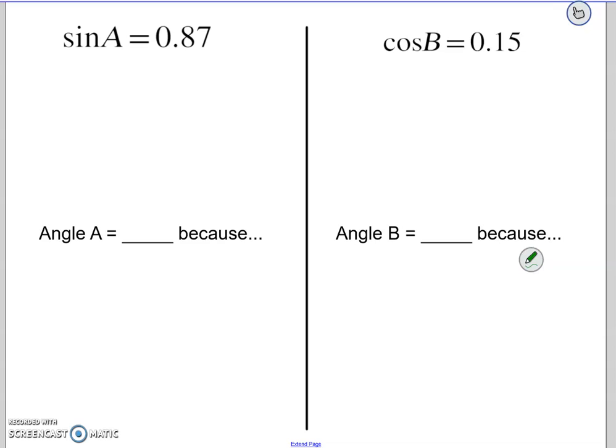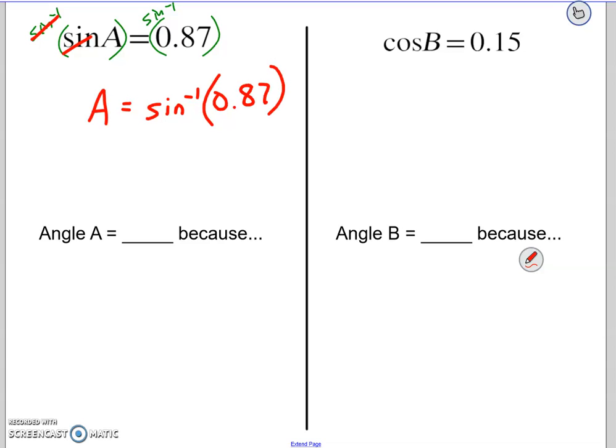Okay, so in this case, knowing that the sine of A is 0.87, I can solve just by doing one step in my calculator by taking the arc sine of both sides, and that'll get me my measurement for angle A all by itself. The reason for that is because the arc sine and the sine cancel out, and I'm going to be left with A. Okay, so I could say that A is the arc sine of 0.87.